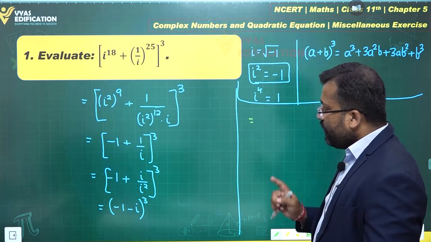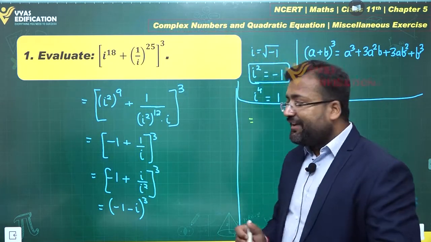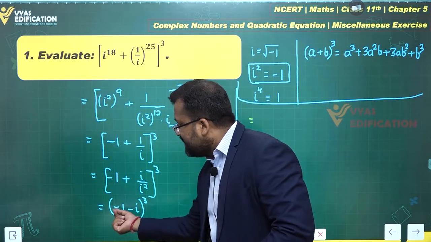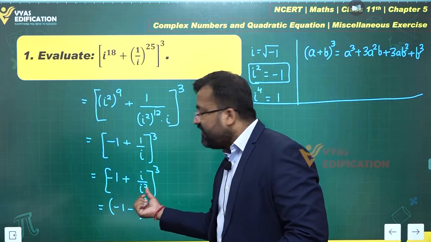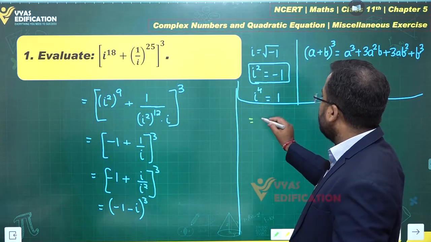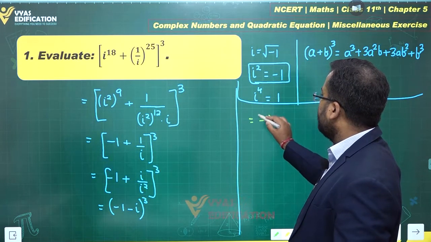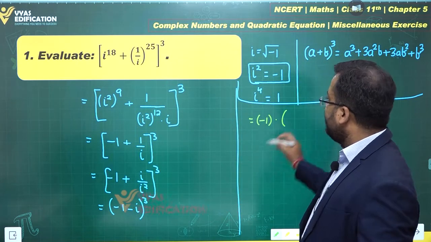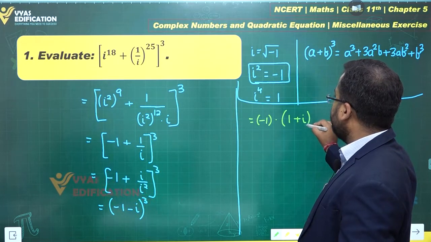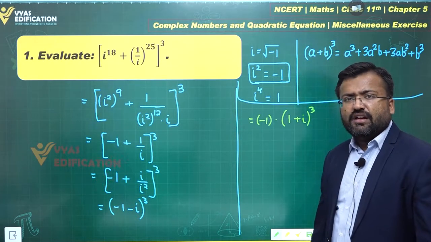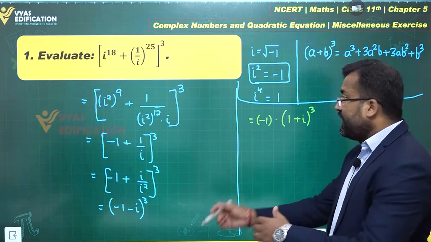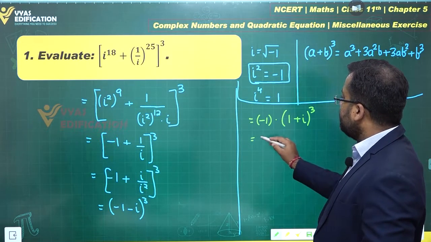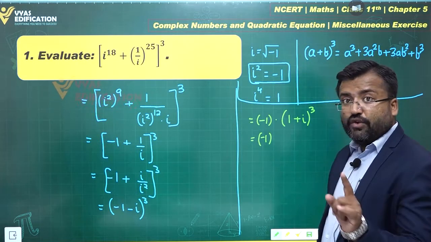The first thing that I'll do in this complete thing is I'll take a minus common. Now minus power 3 would be actually minus 1 times, what will I get in the bracket? I'll get 1 plus i power 3 in the bracket. Is that simple? Yes, it's pretty simple. Once you are through with this, this minus 1 will remain as it is. Do not forget that.